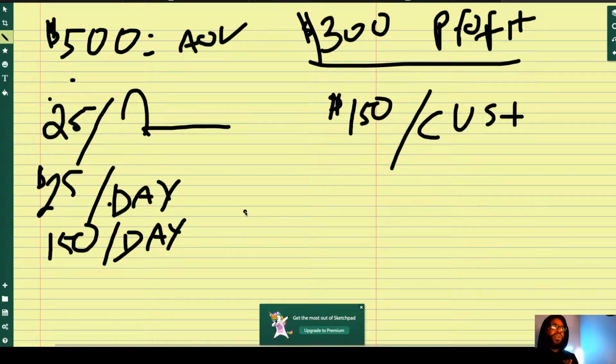So if people are clicking on your ad, visiting your website, and adding to cart, that they're showing some type of interest. So as long as you have people clicking on your site, adding products to cart, initiating checkout, not necessarily buying, but at least adding to cart, initiating checkout, that's letting you know that you're on the right track.